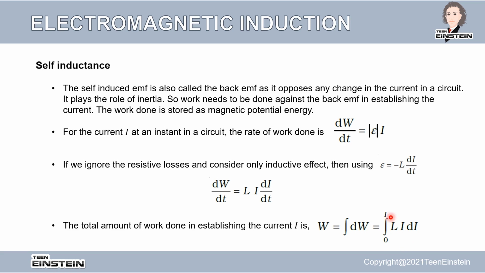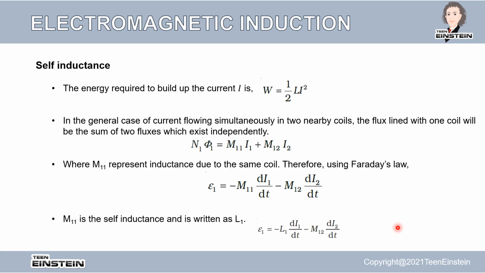It is the integral from 0 to I of Li di. Okay. So if we simplify that, it will be W equal to 1 by 2 Li square. So this is the work done in establishing a current in a solenoid with self-inductance value of L. And this much work done is saved in the solenoid as the magnetic energy.